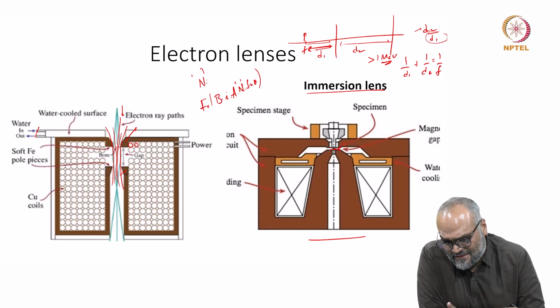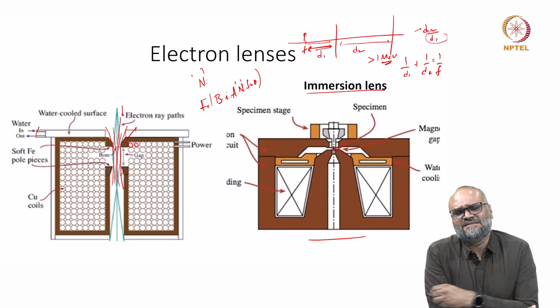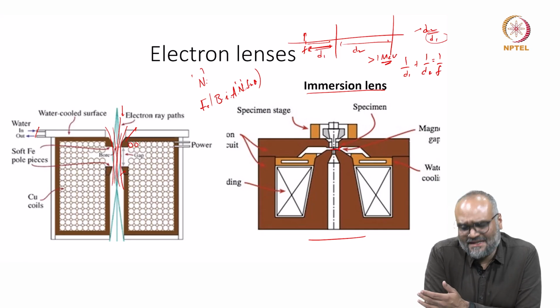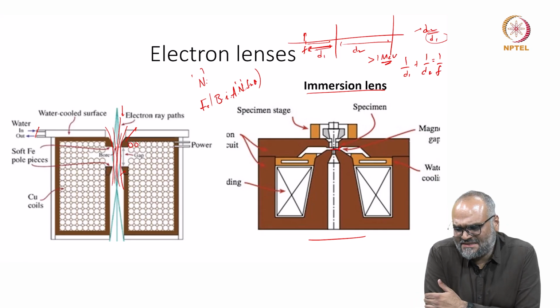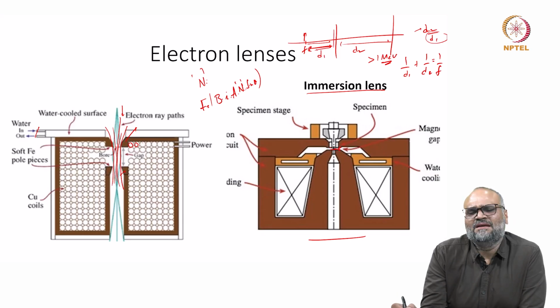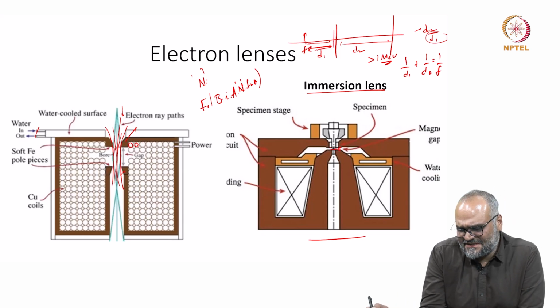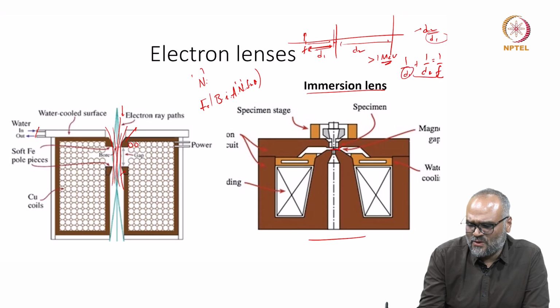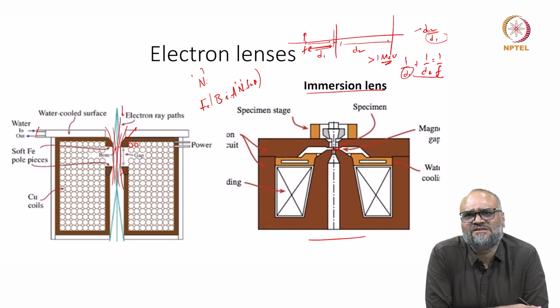But in an electromagnetic lens, because you do not have a physical lens but a field lens, what you are going to achieve is by immersing the specimen more or less in the field of the objective lens. So, by bringing this as small as possible and by reducing the focal length as small as possible and letting this d1 coincide with this f as much as possible, you can achieve very high magnifications.